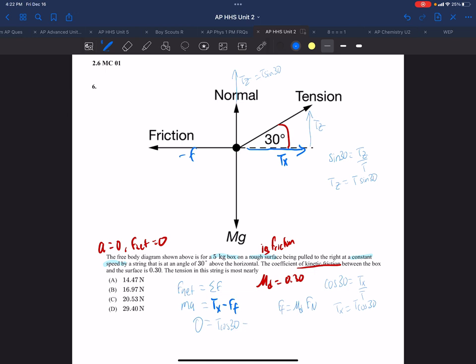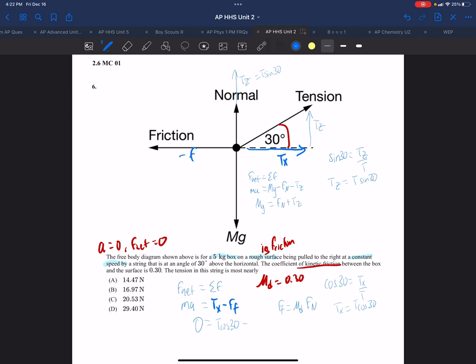And what we also know vertically is that the net force is the sum of the forces. And ma is mg minus Fn minus Tz. And so we end up having mg is equal to Fn plus Tz.